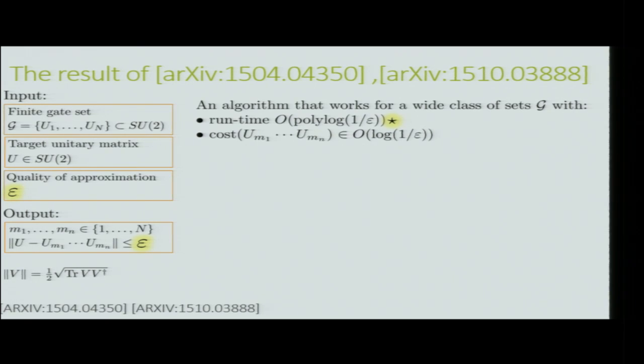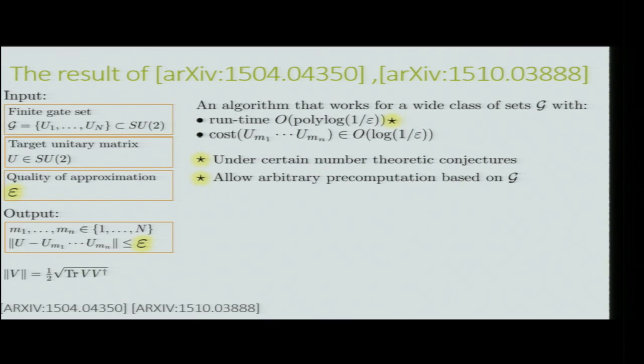This result comes from two papers, and in a couple of slides you'll understand why there are two papers. We have an algorithm that works for a wide class of sets G. It has polylog runtime, and the cost scales in log 1 over epsilon. Here we have two comments. First, it again works under certain number theoretic conjectures.